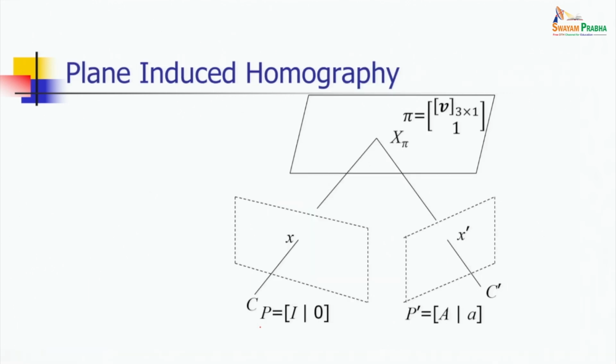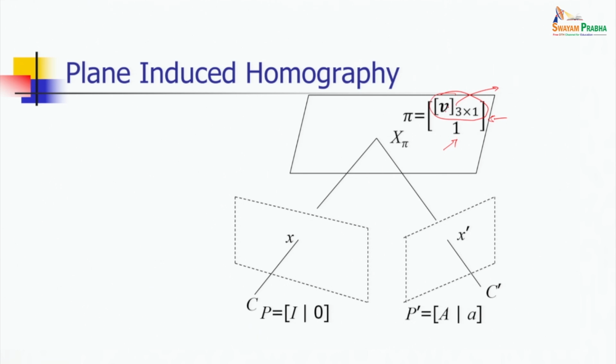Now let us study further the plane induced homography which we discussed earlier. We know that for any arbitrary plane which is not an epipolar plane, there is a homography. So let us consider a plane defined in this way, with this representation V, a 3 cross 1 vector, which gives the direction ratios, and this one is of course in the homogeneous coordinate system, related to the constant term of the plane equation.